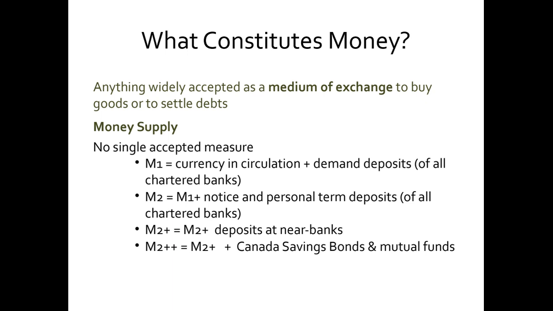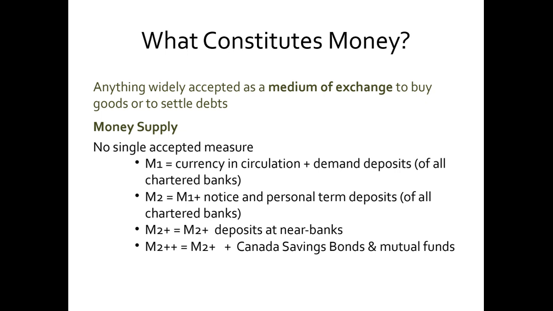Then we add notice and personal term deposits of all chartered banks. So in order to define M2 supply of money, we have M1 first, and then we add notice and personal term deposits. By notice and personal term deposit, I mean that you cannot withdraw money from these accounts right away.